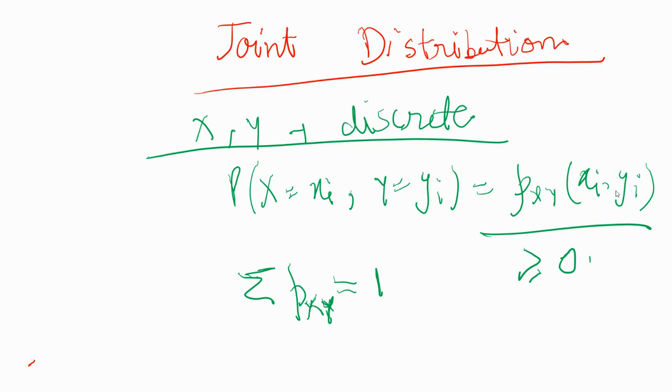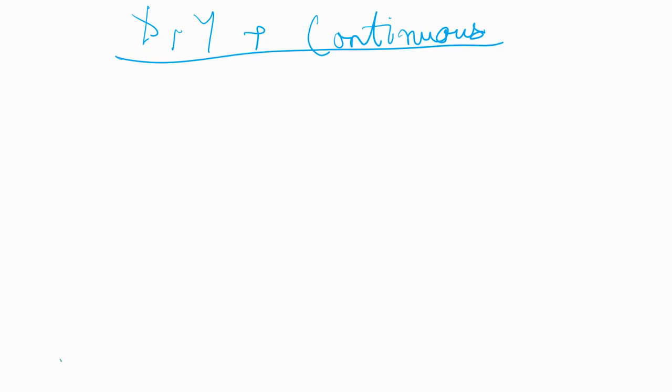So now the next one is that all these things were for when x and y are discrete. Now let's say x and y are continuous. In the continuous case, you have x and y both continuous, so rather than a joint PMF, we will have a joint PDF.